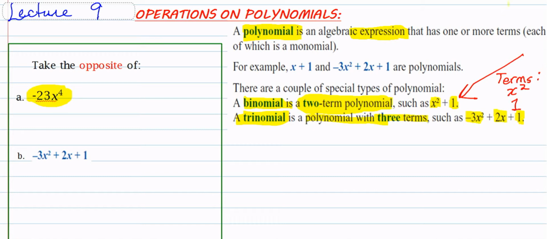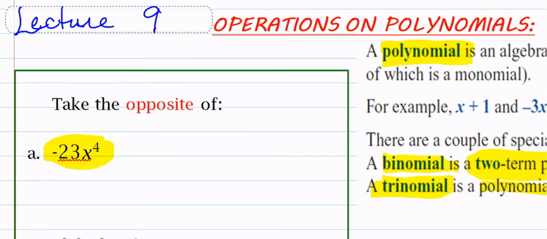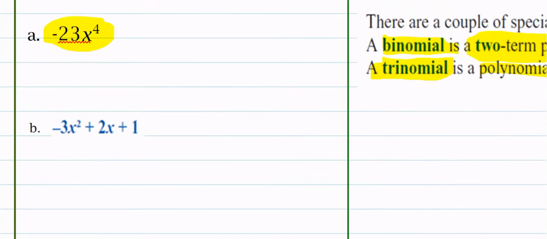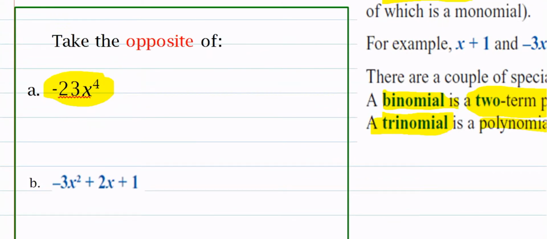Okay, moving right along, let's take a look at the left side of the screen. We want to learn to take the opposite of. There are some concepts that we need to go over, a few little things, to be successful in this section. Let's have a look at taking the opposite of. Basically, when you're asked to take the opposite of something, what are you being asked to do?